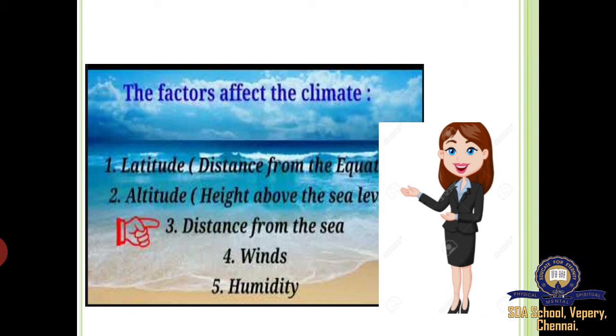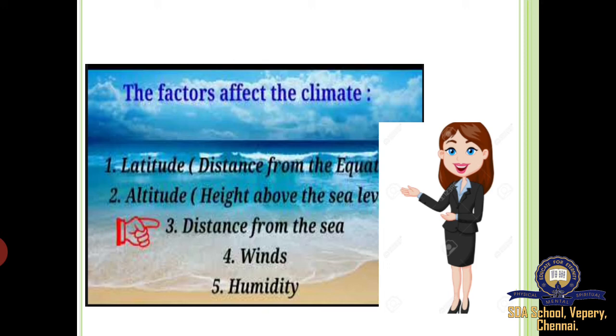Places located at higher altitudes are colder than those at lower altitudes, even if they are situated at the same latitude. Highlands like mountains and plateaus are cooler than places near the seaside.